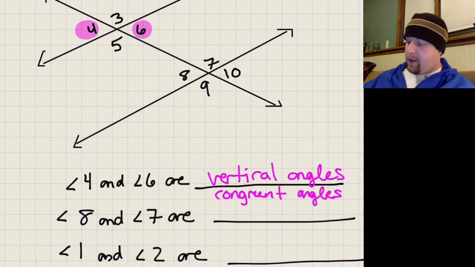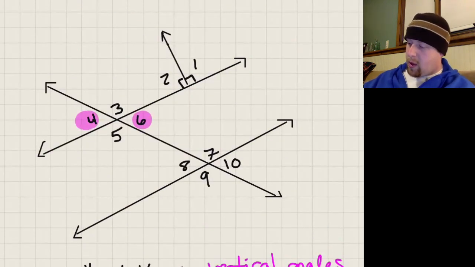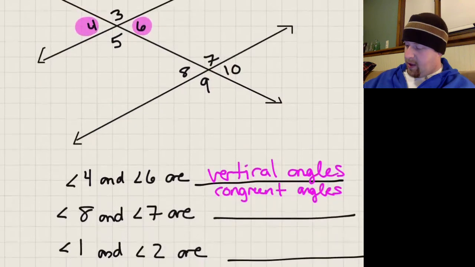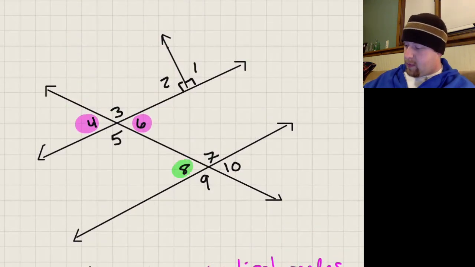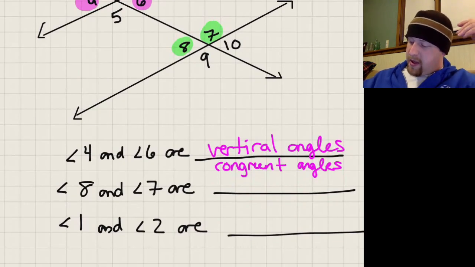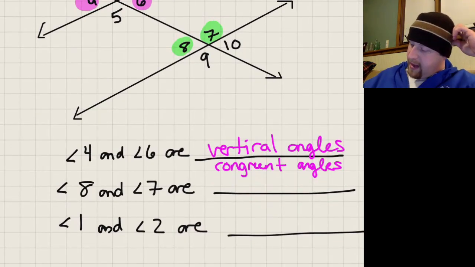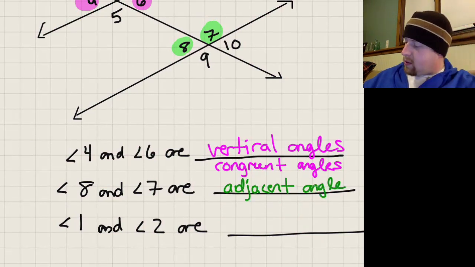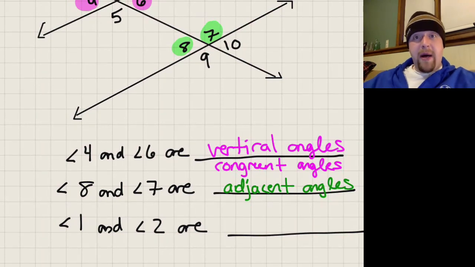Okay, now we also want to look at angles 8 and 7. Well, the first thing I can tell you is that they're right next to each other. And angles that are right next to each other are called adjacent angles. So I'm going to start by saying, well, hey, angle 8 and angle 7, they're adjacent angles. Okay, so we know that about them.